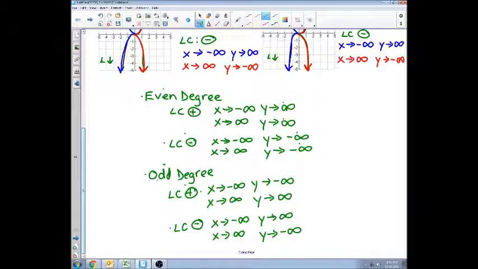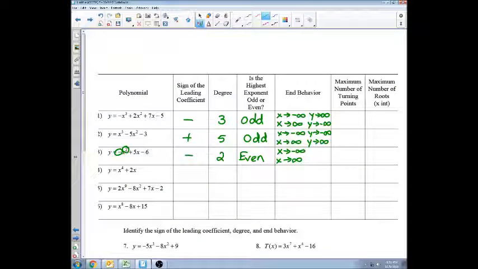What I want you to notice about the even degree stuff is whatever my leading coefficient is, that's where my y's are going to go. So since it's a negative leading coefficient, my y's will go negative. Okay? So since I have a negative leading coefficient and an even degree, my y's are going to approach negative infinity. Just means that both sides of my graph will open down.